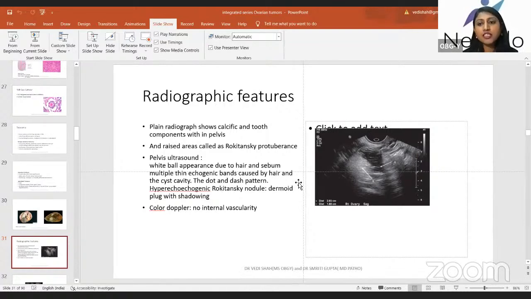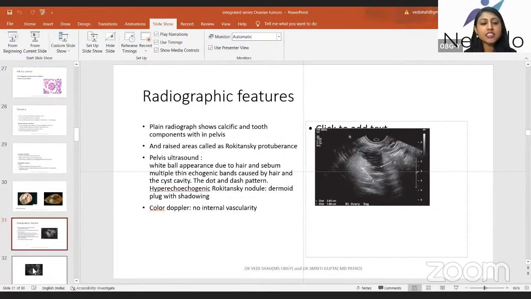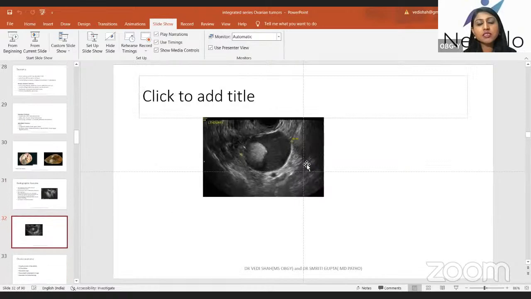So as you can see in the picture, you will be able to appreciate the dash and dot kind of appearance. Along with that, there is a hyper-echogenic Rokitansky nodule, where this is the portion of the hyper-echogenic Rokitansky nodule. And if you go for the color Doppler, then there is no internal vascularity noted in this kind of tumor. Again, this is a second picture showing a similar dermoid cyst.